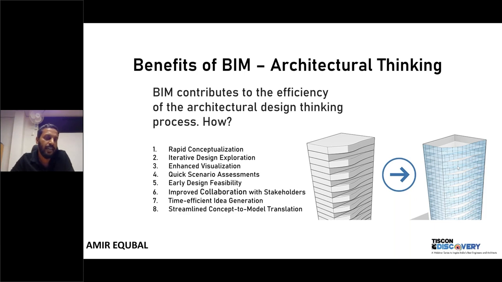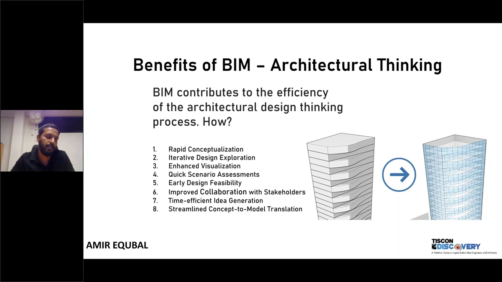Now when you're using the BIM process in your architectural design thinking, you can essentially work simultaneously and keep the other consultants in the loop so that they understand where you're going and where you need to discuss beforehand.